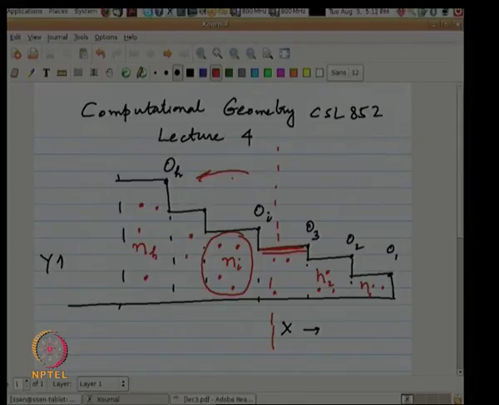So, this actually has a name in the literature called marriage before conquest. So even before you have actually solved the problem, you know how the solutions are going to be pasted together, rather than first solving for half the points, solving for the other half, and then trying to merge them the way that you do in merge sort.